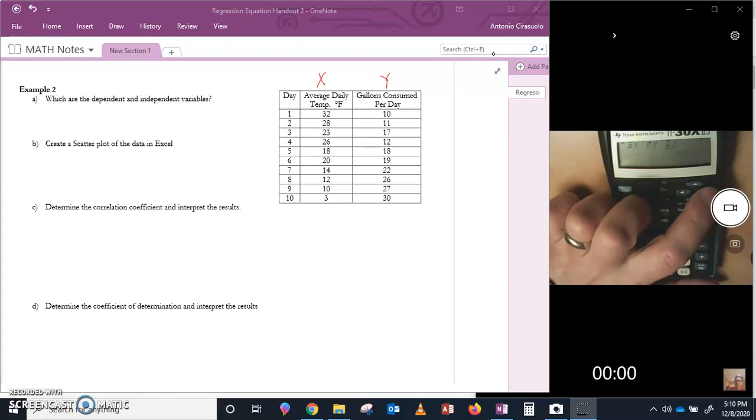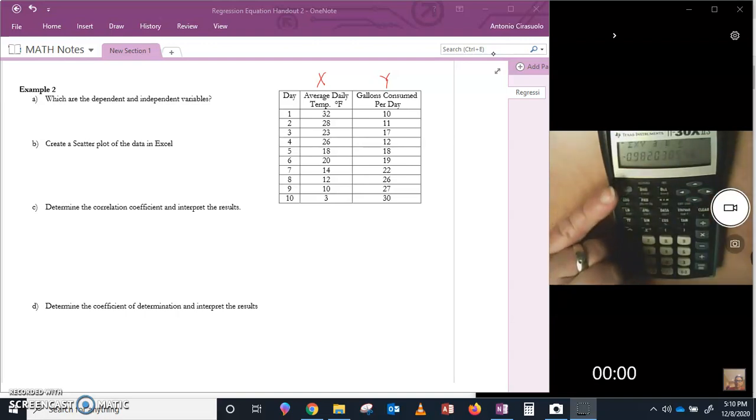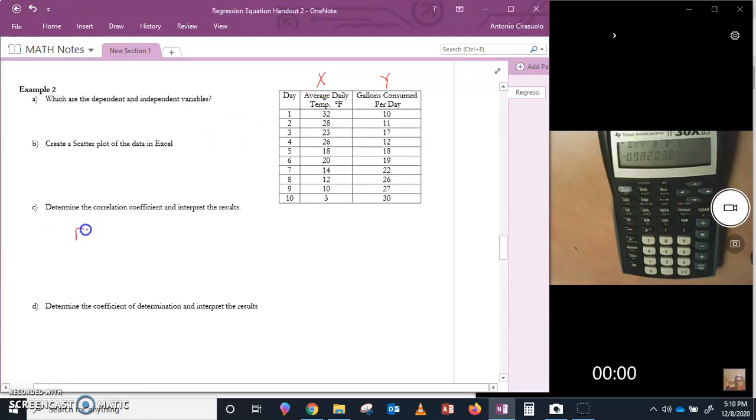Here are the values for the columns if we were using the formulas. And I want to find the correlation coefficient, and here it is. So in this case, R is equal to negative 0.982038546.